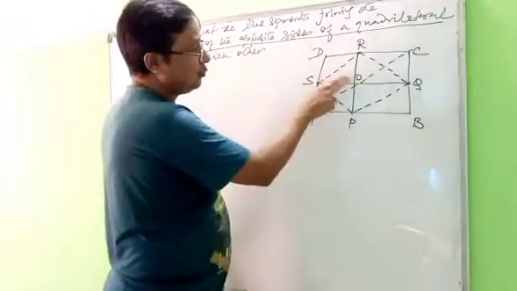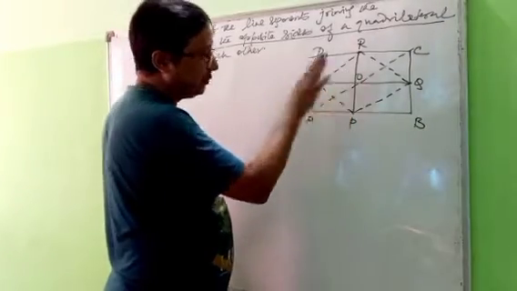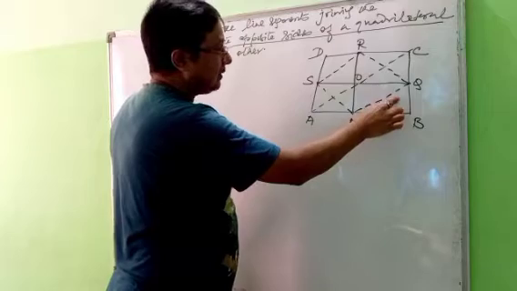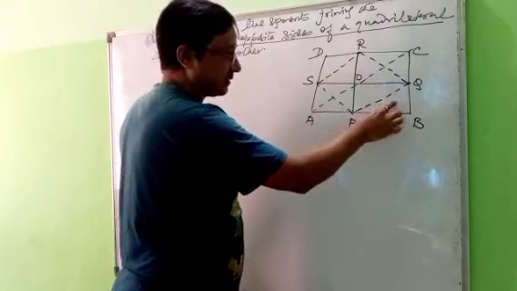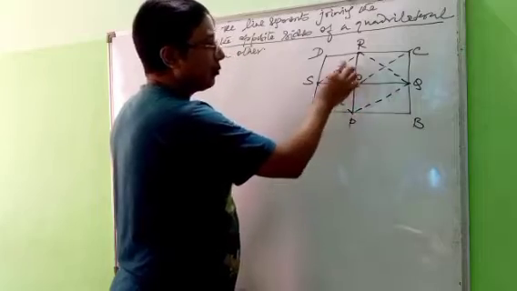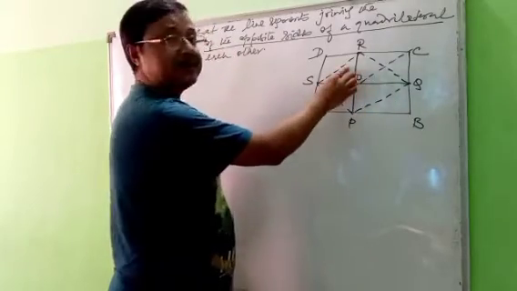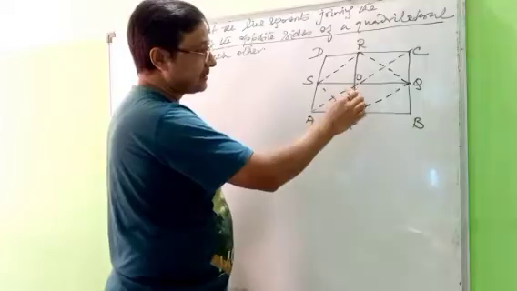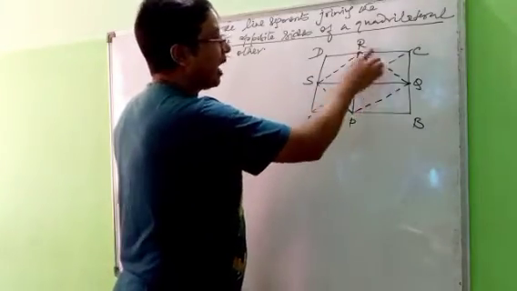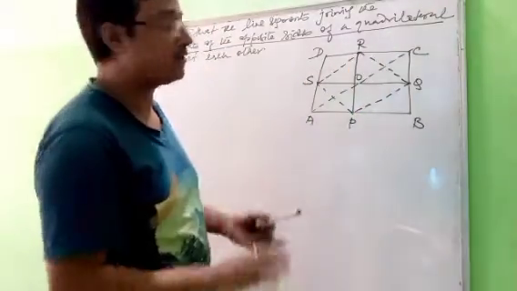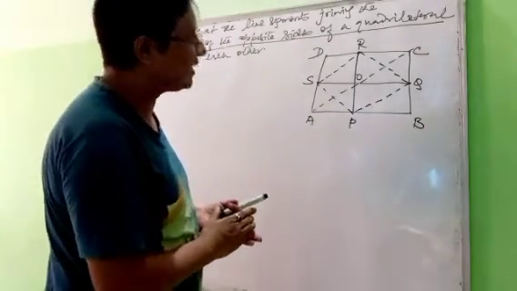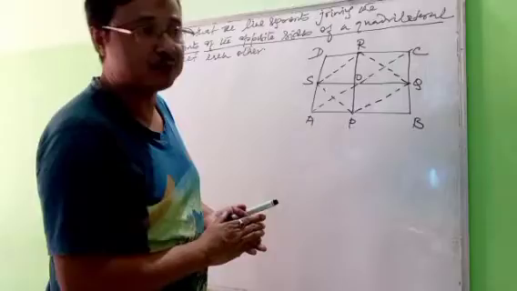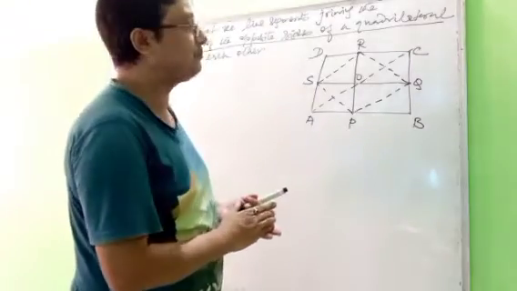So from these two results, you will get PQ is parallel to SR and PQ equals SR. So you get one pair of opposite sides equal as well as parallel. In that case, quadrilateral PQRS will be a parallelogram, because you know that if a pair of opposite sides is equal as well as parallel, then the quadrilateral is a parallelogram.